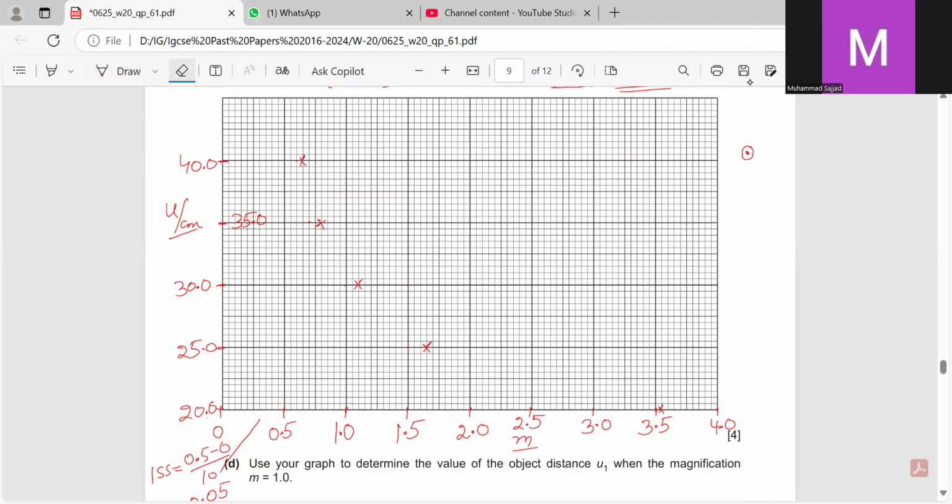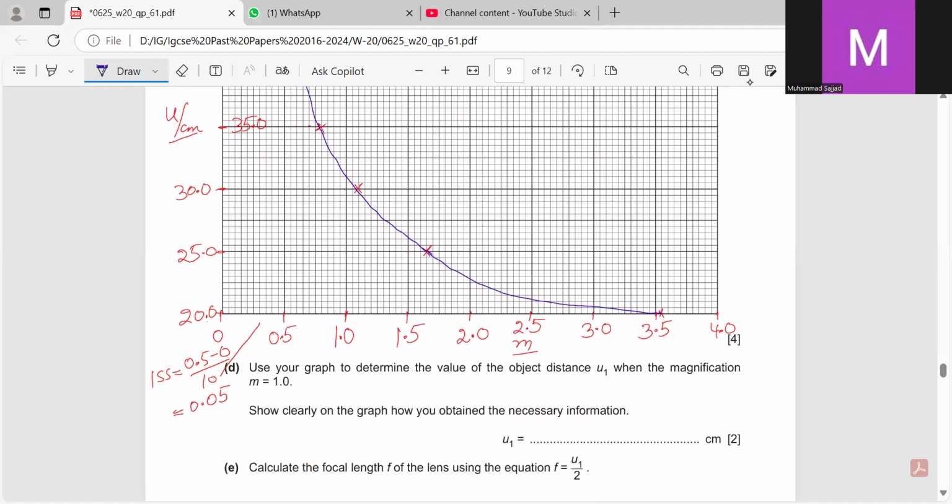Freehand curve, my dear friends. Now from here, like this. There should be no breaking, not from one point to the other, then second to third, third to fourth. No, continuous, a freehand curve. When you are drawing this, you have scored your final mark also.